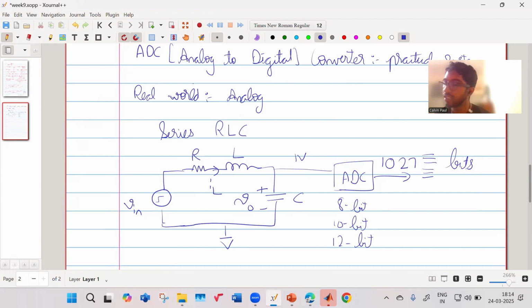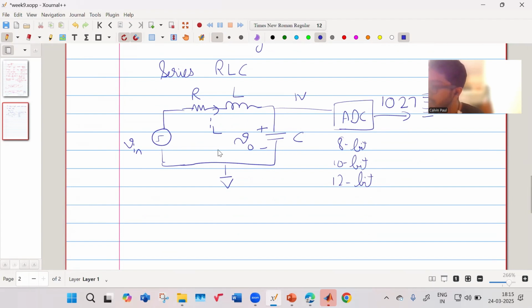So what we are doing is we are seeing the output voltage, which is changing continuously. Let us say your capacitor voltage was changing like this. But you're taking samples at fixed points. You take a sample here, here, here, here, and here. Those sample values will look like this.